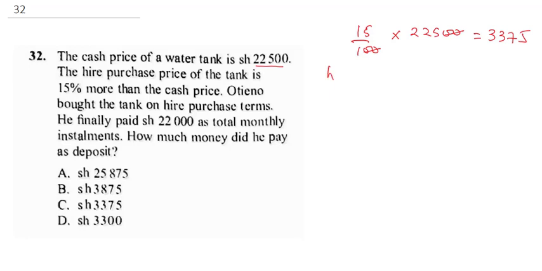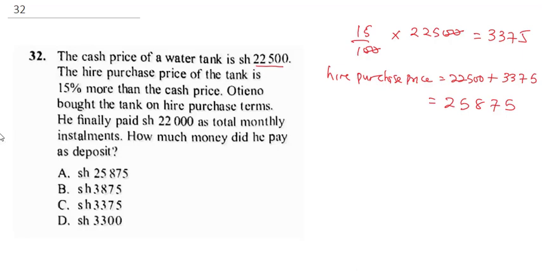Then that means the hire purchase price will be 22500 plus 3375, and that will give you 25,875. Now, having established this, remember he finally paid 22,000 as total monthly installments.